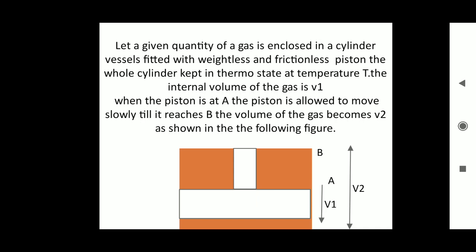In this situation, the work of expansion must be P into dV, where dV is the change in volume. So the total work done by the gas, that is W, is equal to the integration from V1 to V2 of P dV. It may be considered as equation number 1.